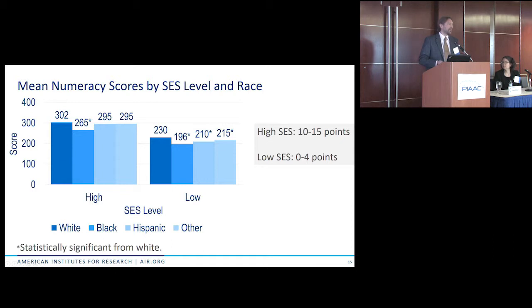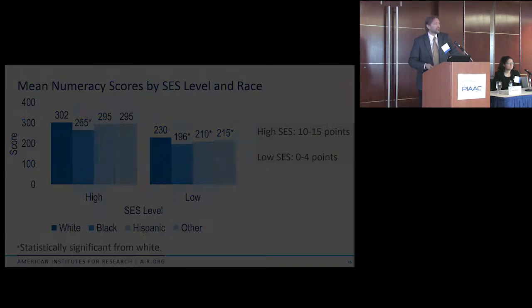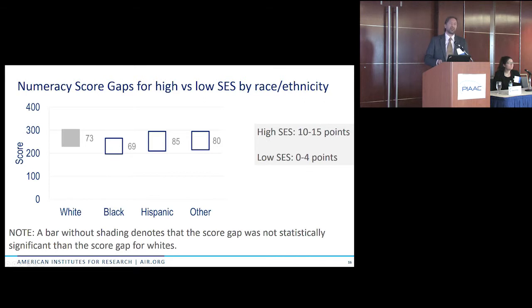There's slight variation, but the skills gap is largely similar between racial and ethnic groups. However, there's of course a big disparity in the number and in the distribution of the subgroups in the low and high SES groups.